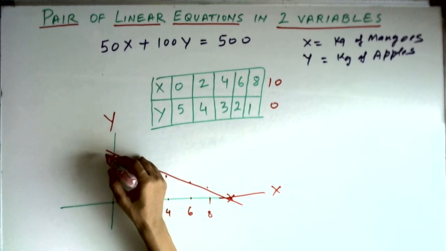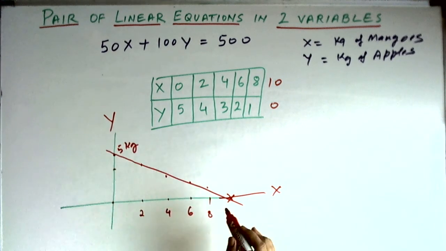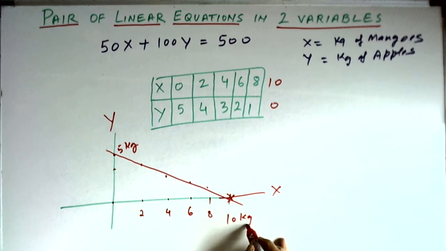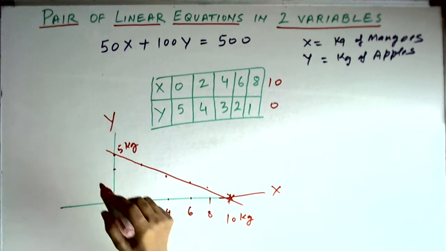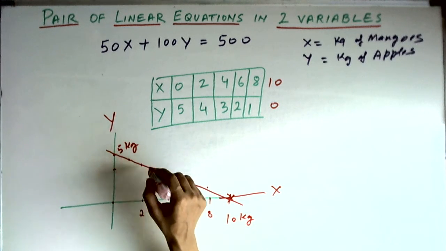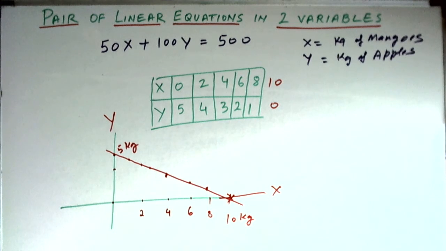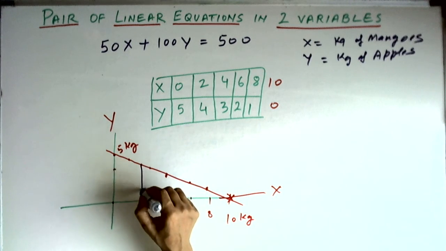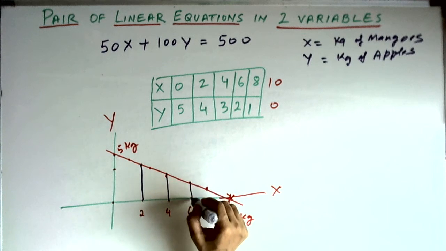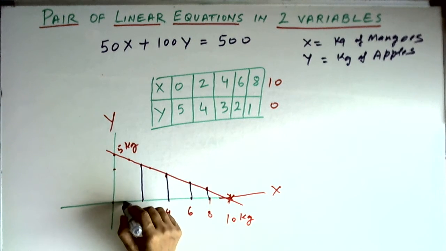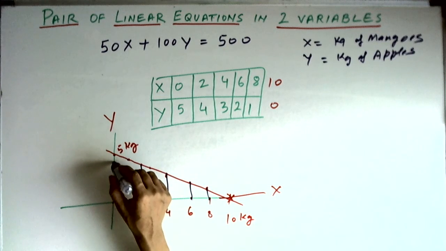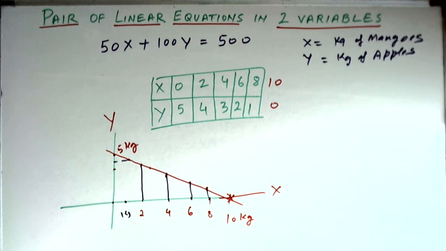So this is 5 kilo and this will be 10 kilo. Now we can see that for any point on this line, we have taken some points from the table above, but we can take any point on this line, whether it is this point or this point or this point. Similarly, if we take 1 kilo here, then we will find that it is 4.5 kilo of apple.